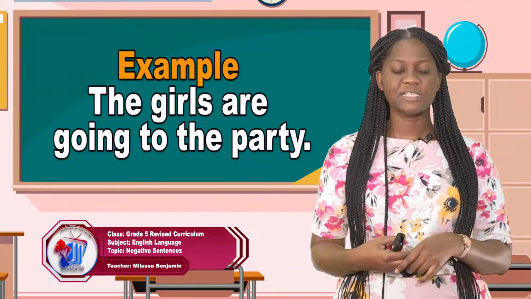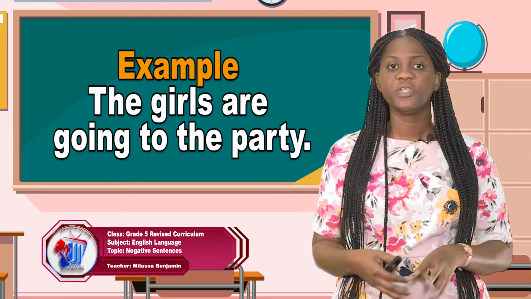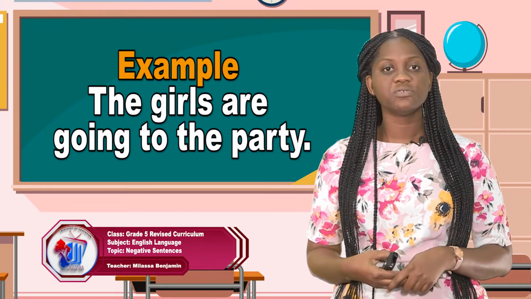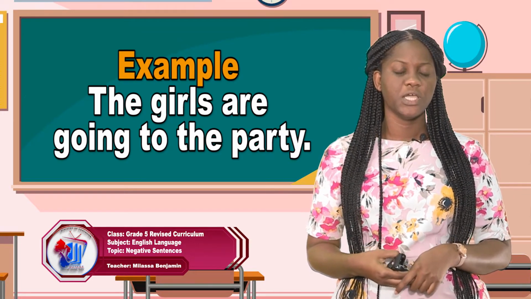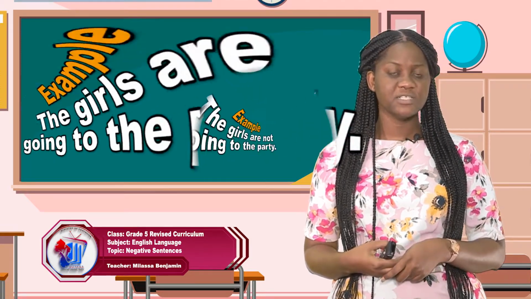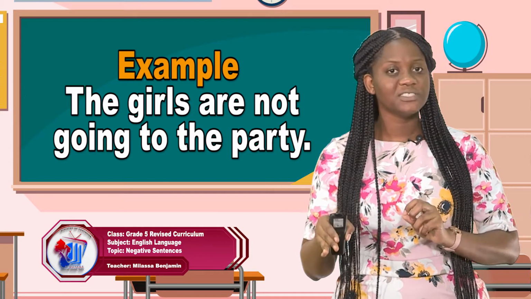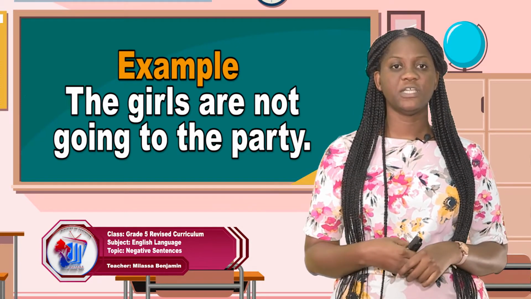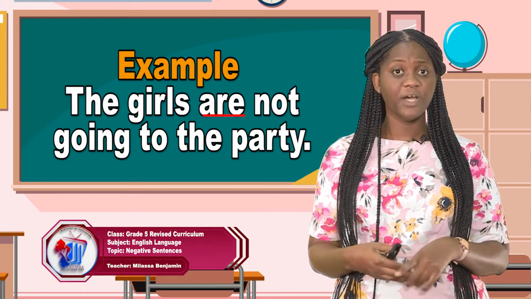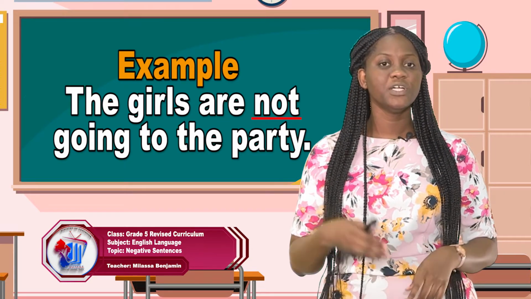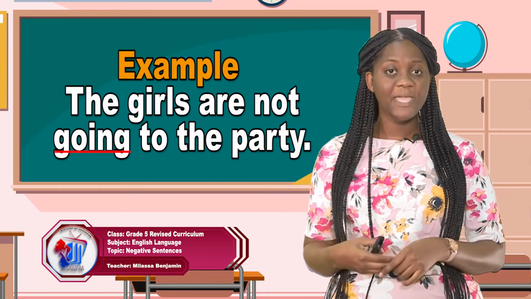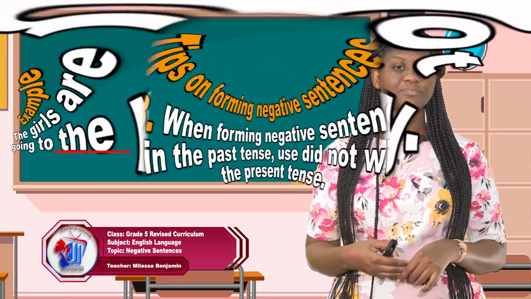So, take for example, we might say, the girls are going to the party. To change it to a negative sentence, we can say, the girls are not going to the party. We have the auxiliary verb are and the word not before the main verb going.